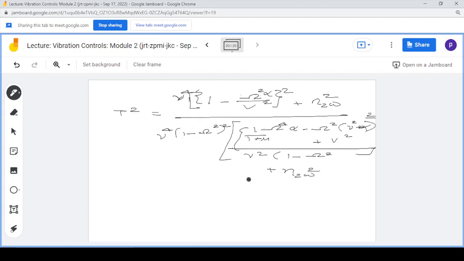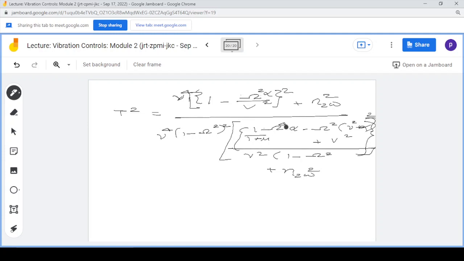From this expression, we can see that T square becomes independent of n2 omega if the terms involving the curly brackets, the first curly bracket and the bottom curly bracket, are the same. I will write this down on a piece of paper because it is very difficult to write here.